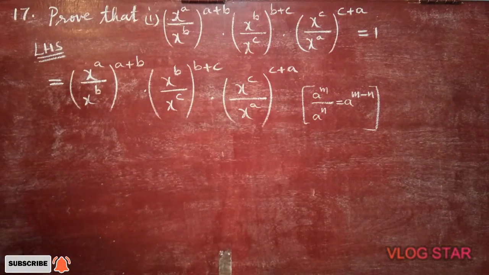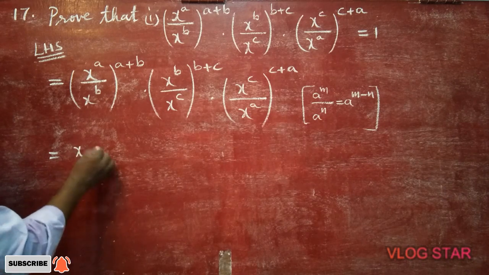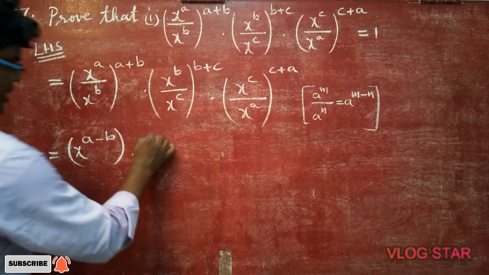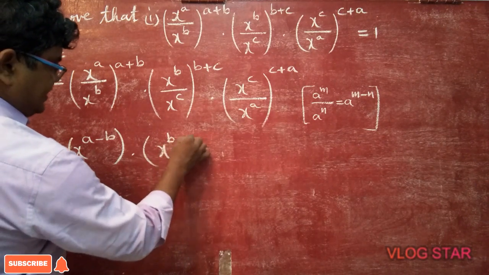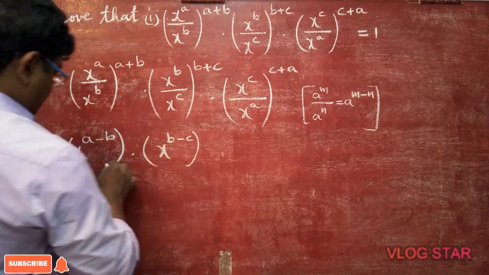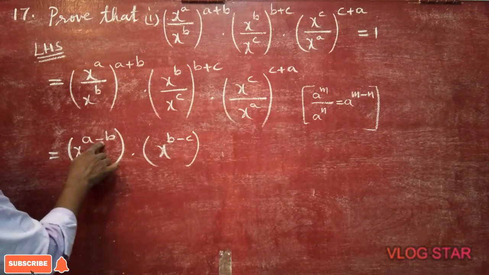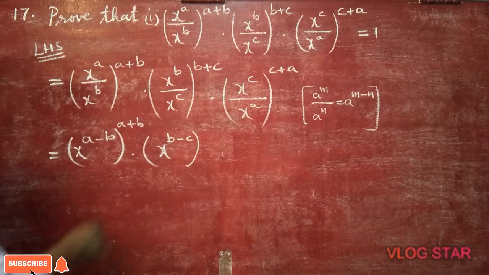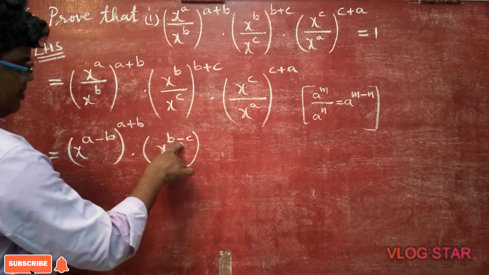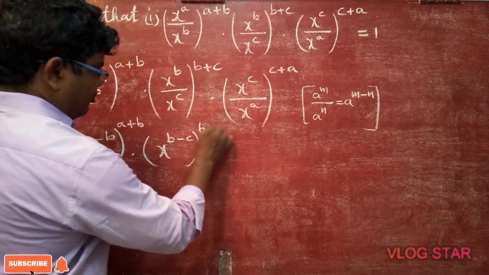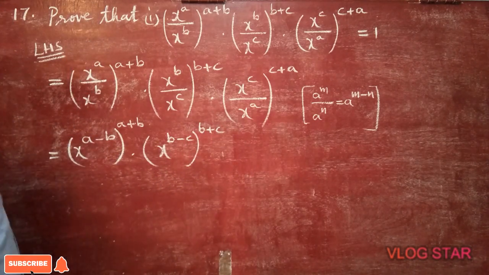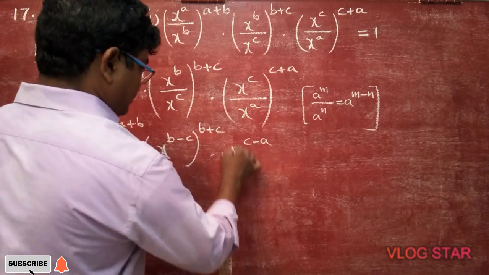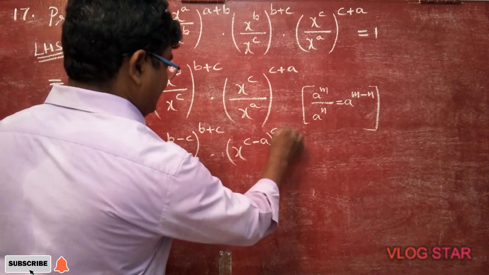This is the law of indices. So x to the power of a minus b, whole to the power of a plus b, don't forget that, into x to the power of b minus c, whole to the power of b plus c, into x to the power of c minus a, whole to the power of c plus a.